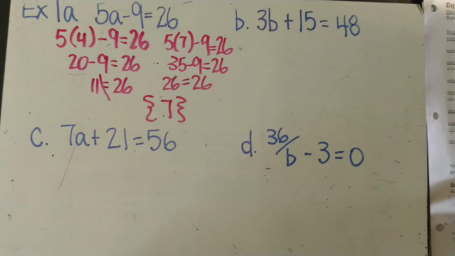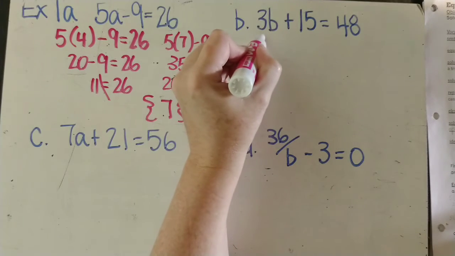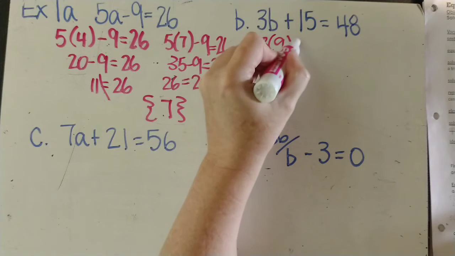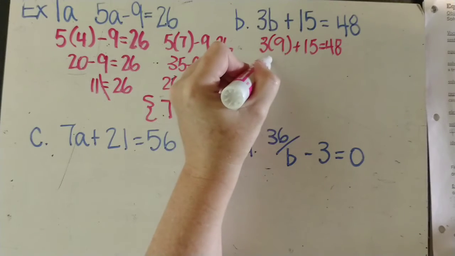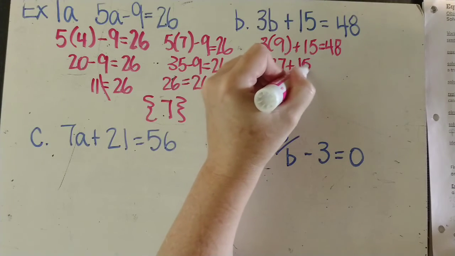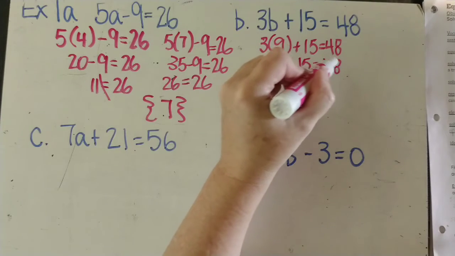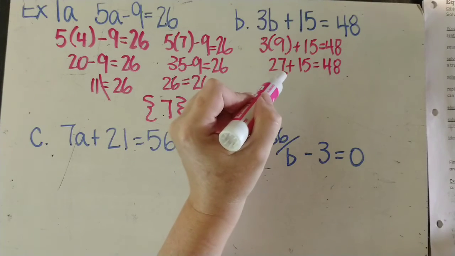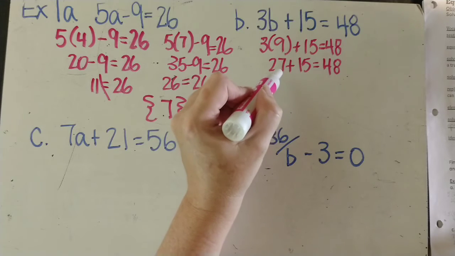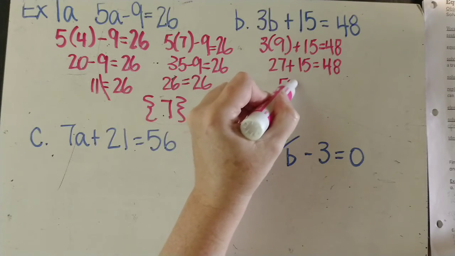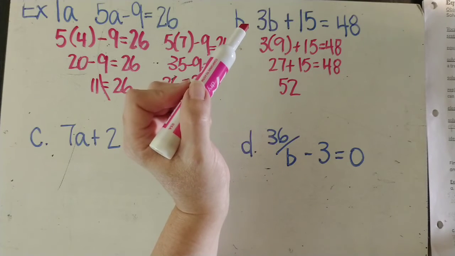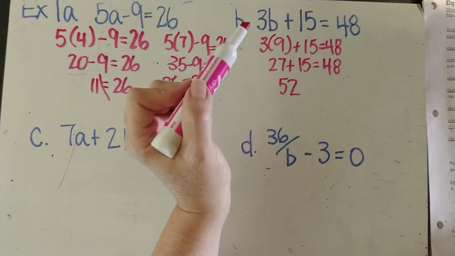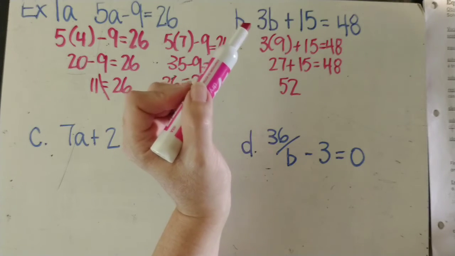Now let's look at letter B. We need to either substitute 9, 10, 11, 12, or 13. If we try 9, we have 3 times 9 plus 15 equals 48. 3 times 9 is 27. 27 plus 15, is it 48? It is 42. So that's not going to work. Let's try the number 11.